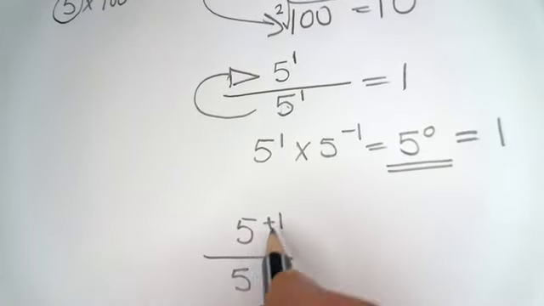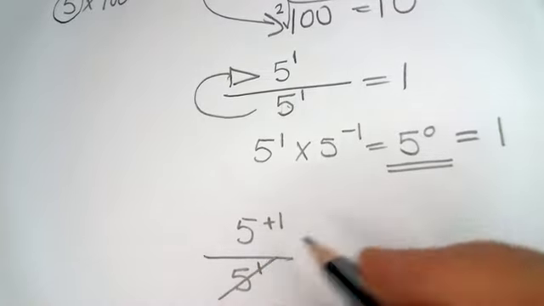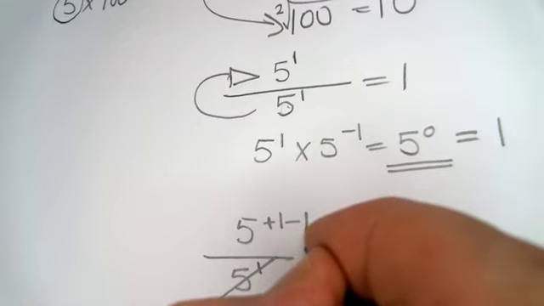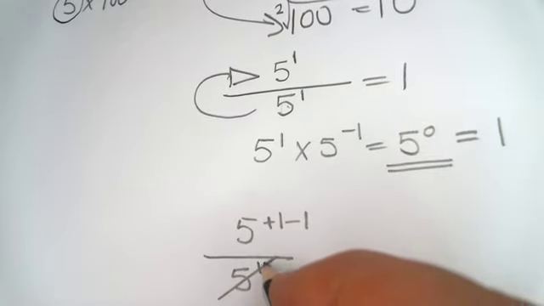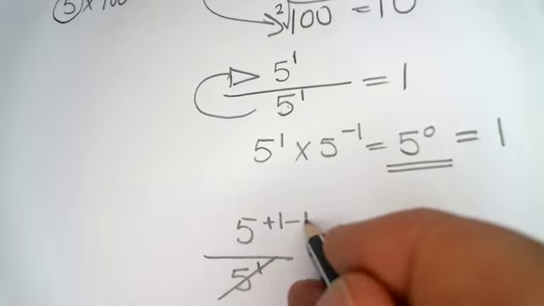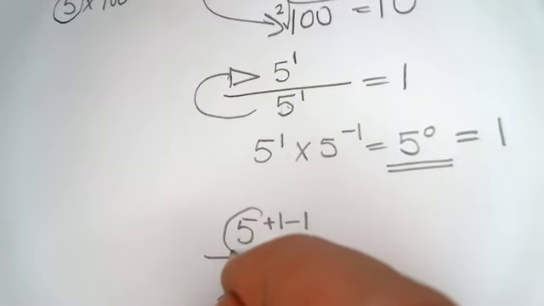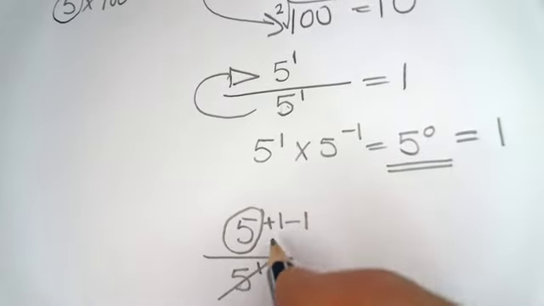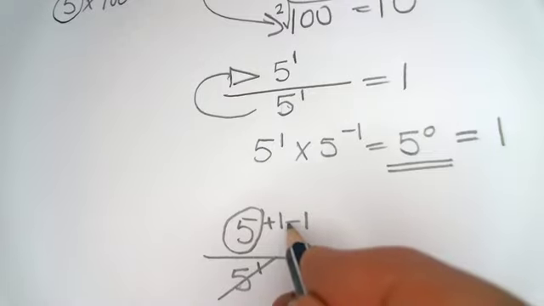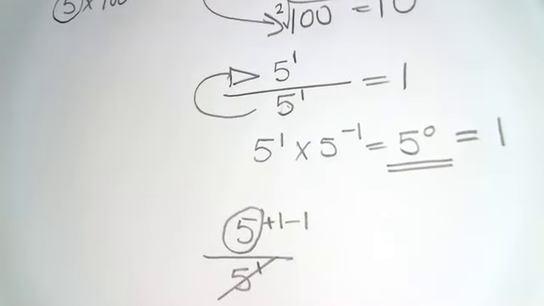If I want to divide that, because I know that's a 1 there, I could just cross this out and put a negative 1 there. In other words, I've taken the 5 there, it becomes a negative 1 if I put it on top. But because I'm leaving the base the same, I can just go 5 to the power of 1 and then minus 1 to represent the 5 on the bottom.